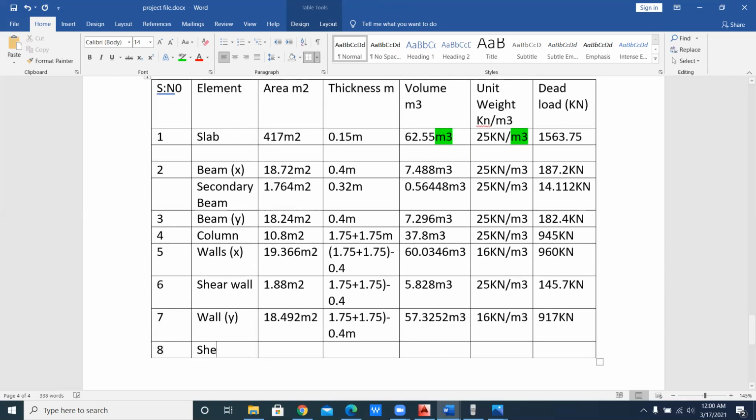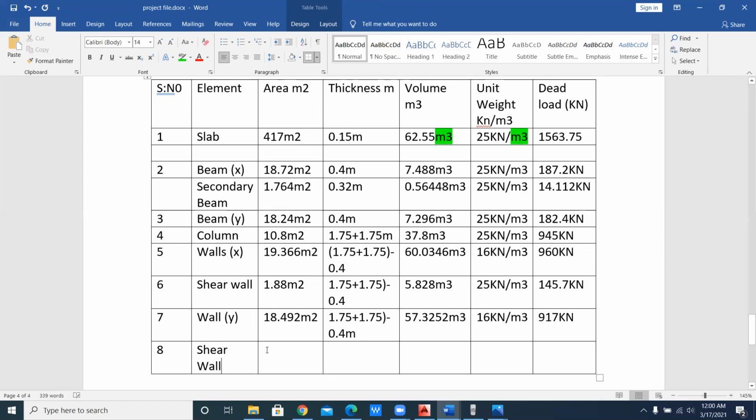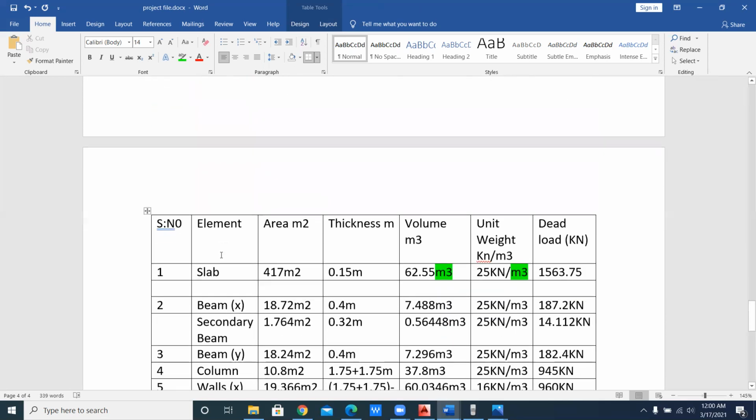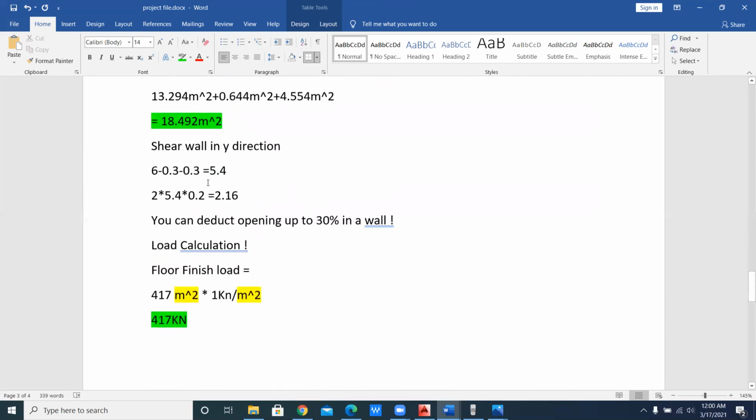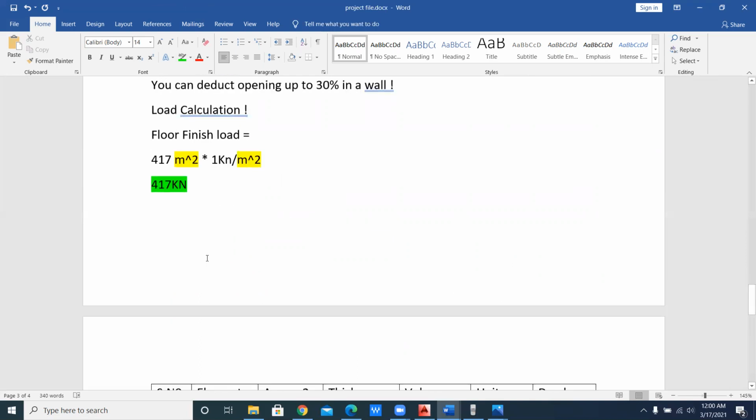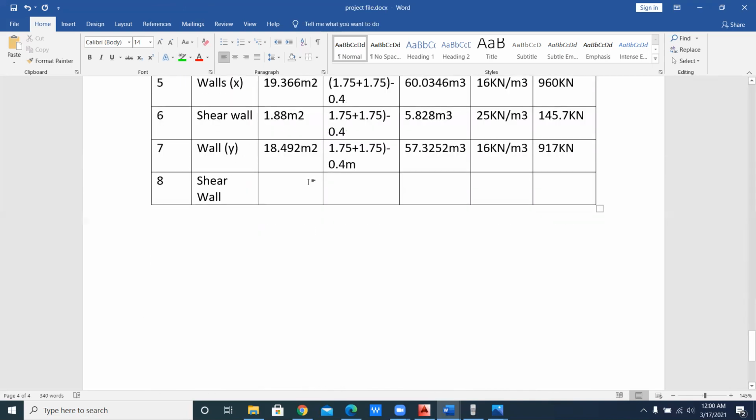Here I will apply shear wall. What is basically shear wall? This one is shear wall, this one is shear wall. I have to add this 2.16 meter square, because this one is the thickness. You have to apply the same thing even downward. You have to deduct the depth of the beam if it is applied, otherwise your shear wall is actually a long column.